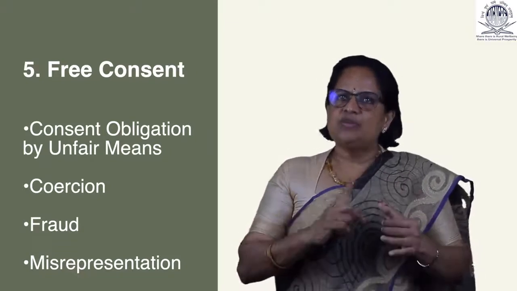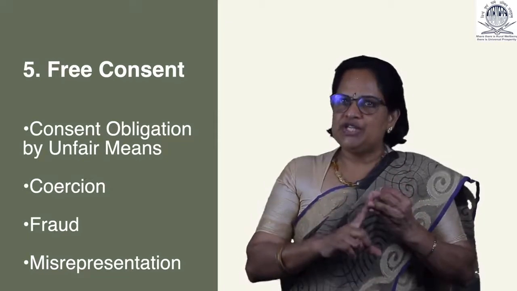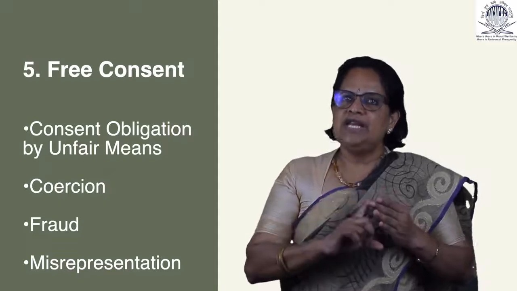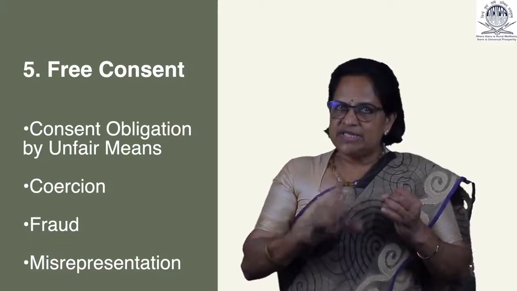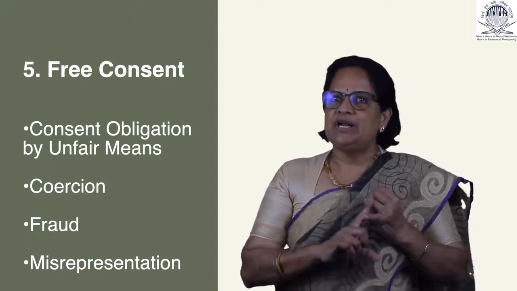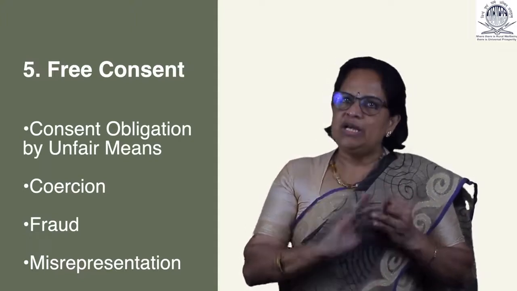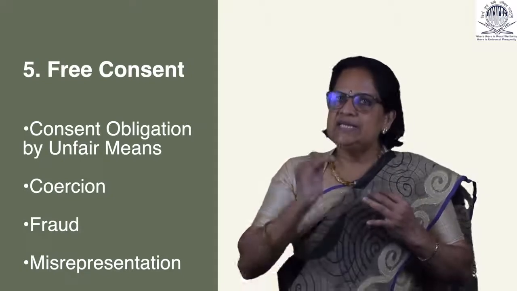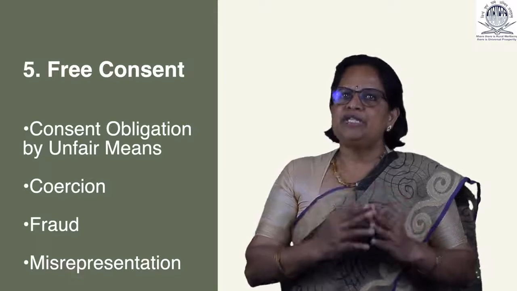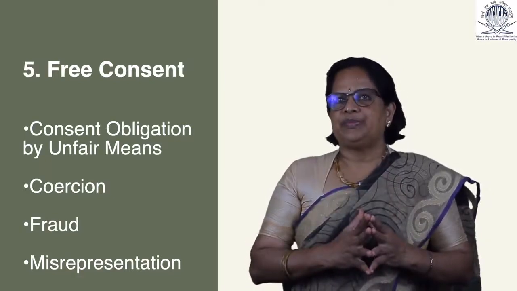If the consent is obtained by fraud, misrepresentation, or any other unfair means, it would not have any legal validity. For example, a stolen laptop sold by claiming to be the rightful owner has no legal validity. The reason is that the contract is entered between the parties by misrepresentation. Then the contract is not valid.